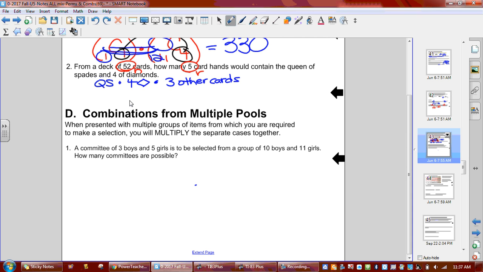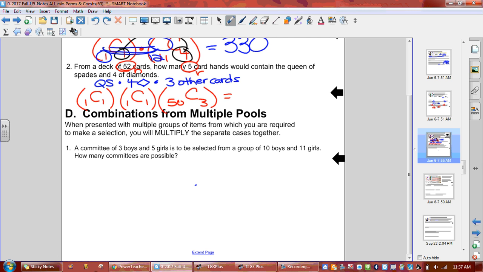So, Queen of Spades. How many Queen of Spades are there in the deck of cards? 1. So this is going to be a 1 choose 1. How many 4 of diamonds are in the deck of cards? 1. So 1 choose 1 again. And then we have 3 other cards. I've used 2 cards out of 52. How many are left? 50 cards are left, and I need to choose how many? 3. Good. So 1C1 times 1C1 times 50C3.